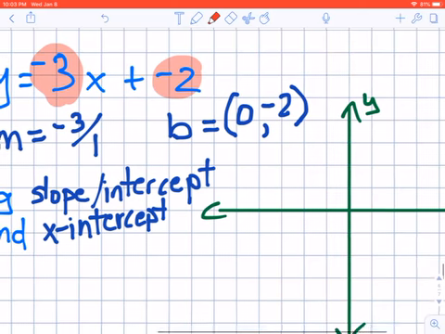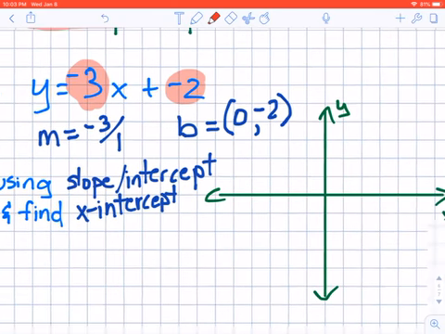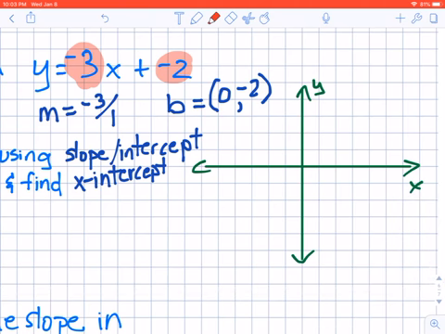All right, now we are ready to graph. We don't need to create a table or build any points. We can just plot this information. So first of all, put a dot at your y-intercept. Again, remember, y goes up, positive, and then it goes down, negative. So put a dot at negative 2. Now we're going to use a slope of negative 3.